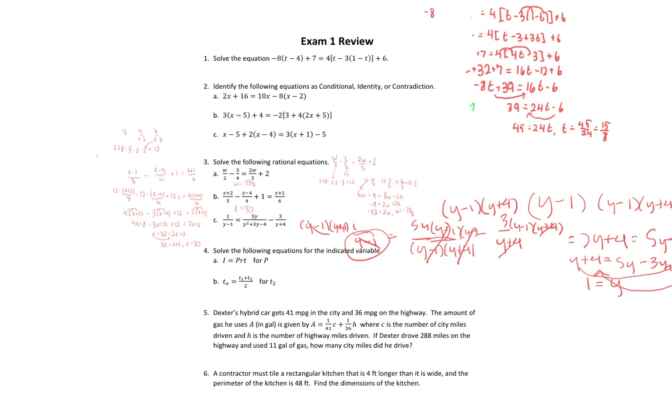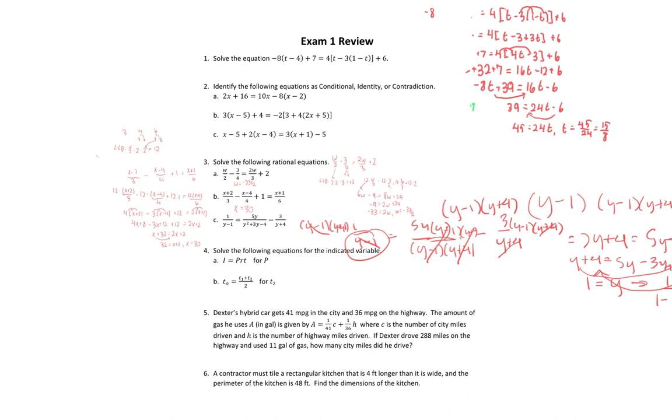But if we go and plug this back into the equation, this part C, we get 1 over 1 minus 1 is equal to 5 times 1 over 1 squared plus 3 times 1 minus 4, minus 3 over 1 plus 4, right?